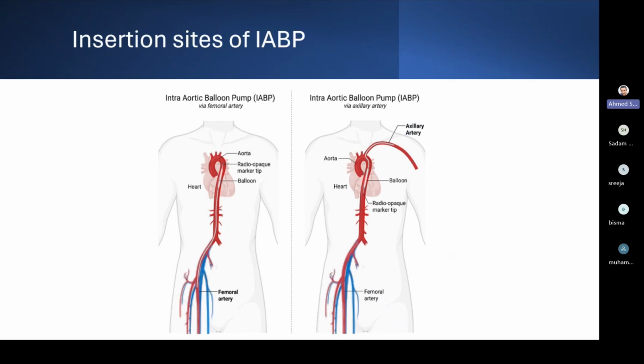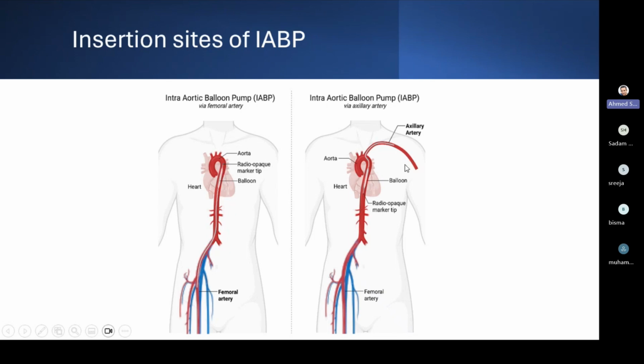And for the insertion site of the intra-aortic balloon, we have 2 methods for the insertion. The standard method is through the femoral artery, going to the descending aorta.